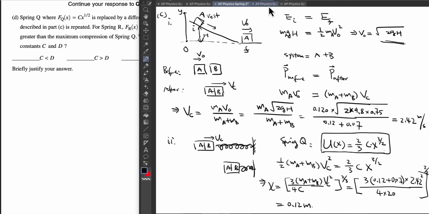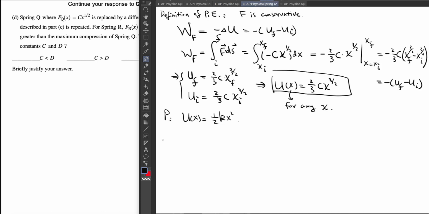So for question D, we will say for spring Q, the maximum potential energy is 2/3 C x max Q to the power 3/2.